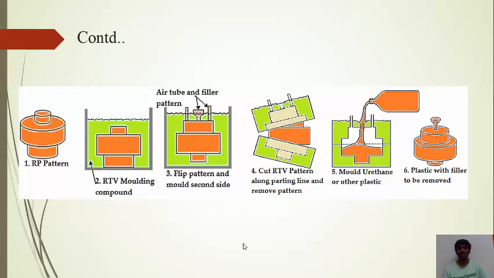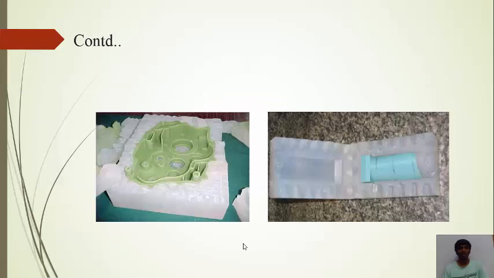We can separate the two parts, and now if we remove this pattern, our silicon mold will be ready for the manufacturing of any plastic materials. And now, as you can see in the figures, these are the two molds which are manufactured using the silicon rubber tooling.